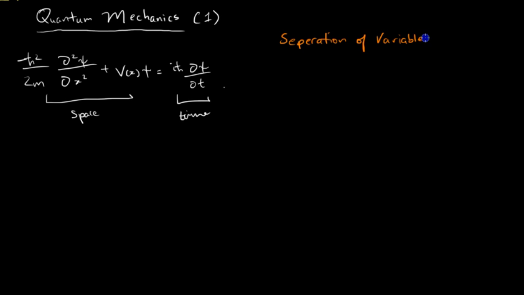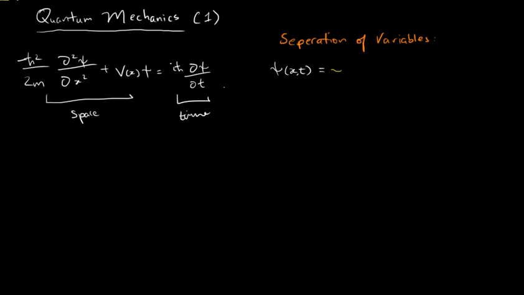What this method is saying is that we have this wave function psi. It's a function of space and time, right? Because it has a spatial derivative and a time derivative. And now it has two variables in it, so we can split it up into a function of only space.